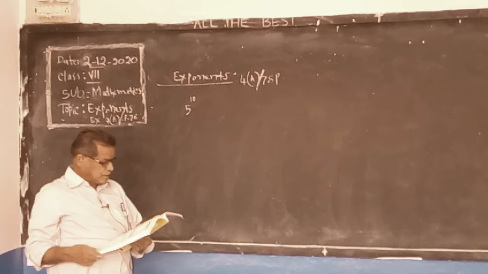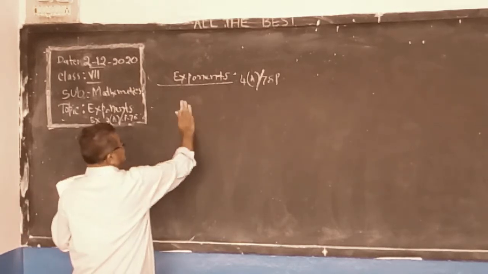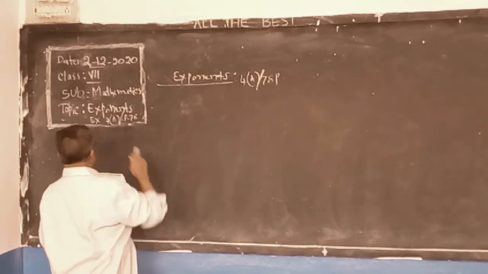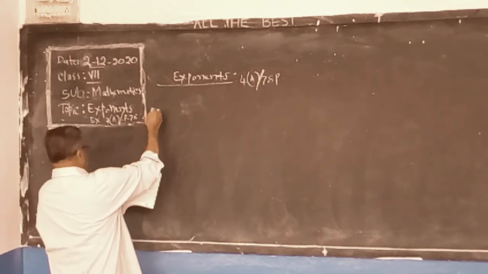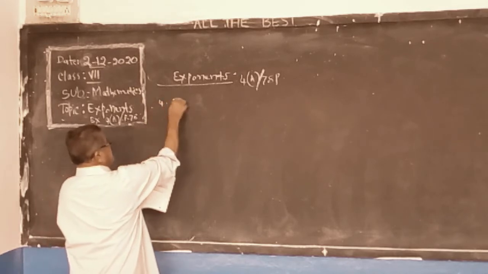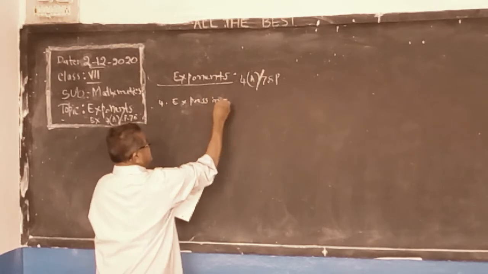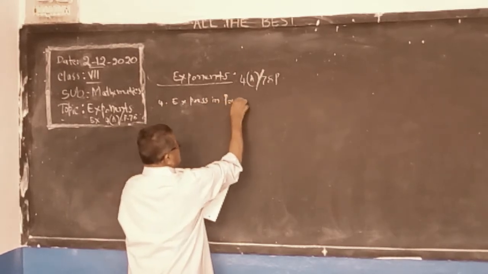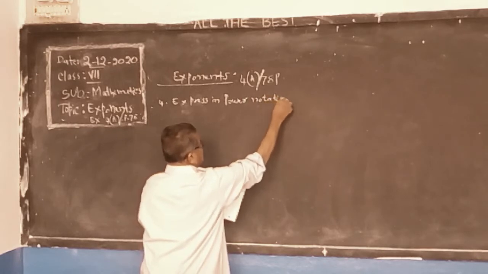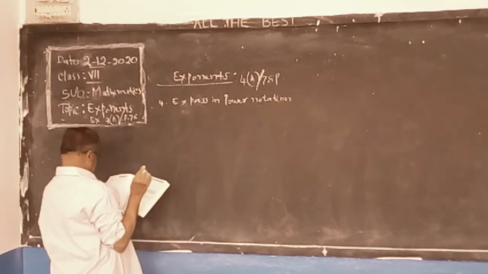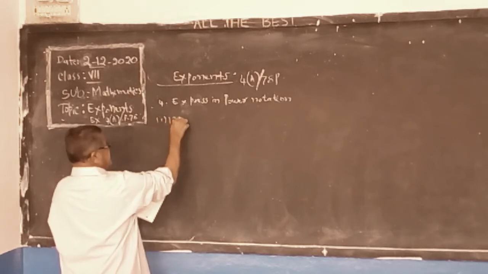Now, today, fourth problem in page number 78, exercise 4A. For expressing in power notation, express in exponent form. Number 1, 125.